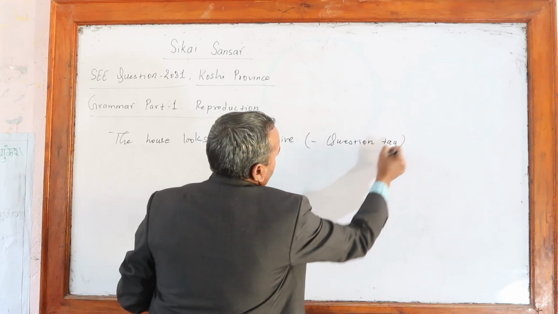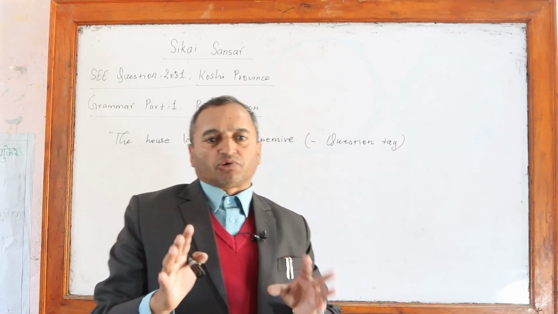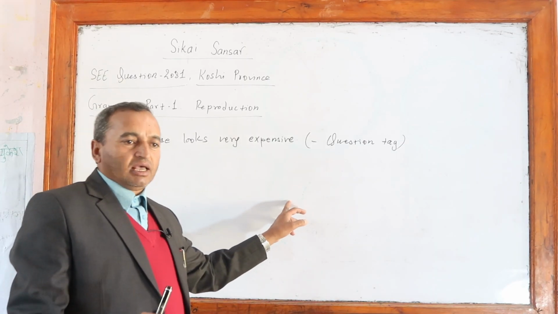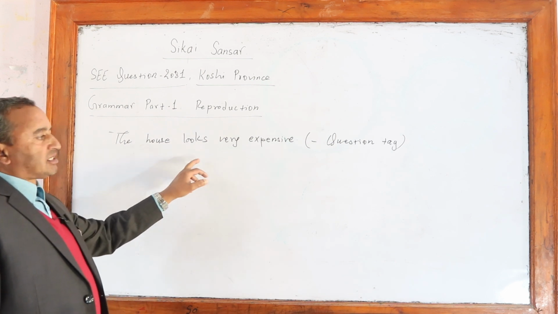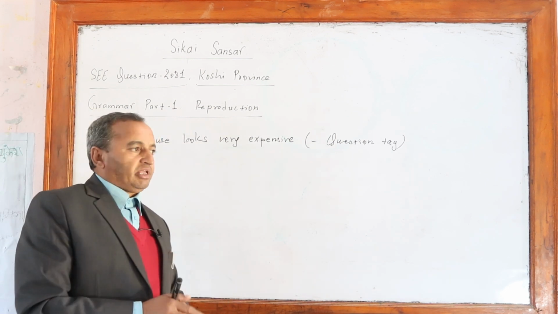This is the question that is asked related to question tag, and it is taken from the first question of the SEE question. The house looks very expensive. Let's talk about the different parts of this question.